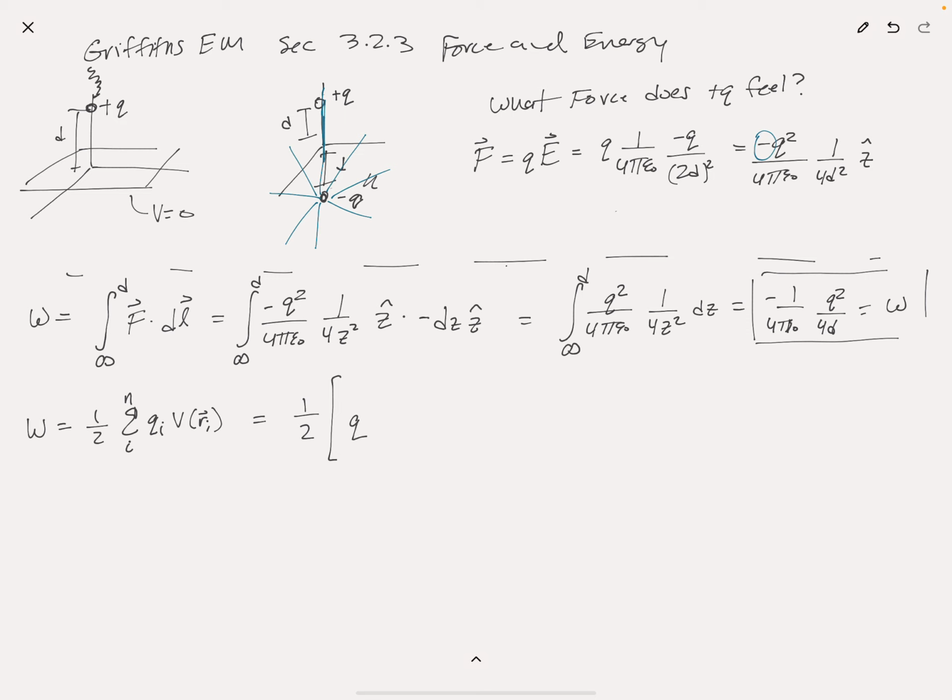It sits in a potential generated by the bottom charge, 1 over 4 pi epsilon naught, minus q over the distance, which is 2d. Then I have the next contribution, which is the negative charge sitting in the potential generated by the other charge, my real charge, 1 over 4 pi epsilon naught, times q over 2d.